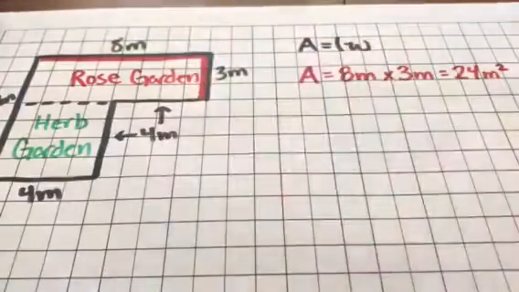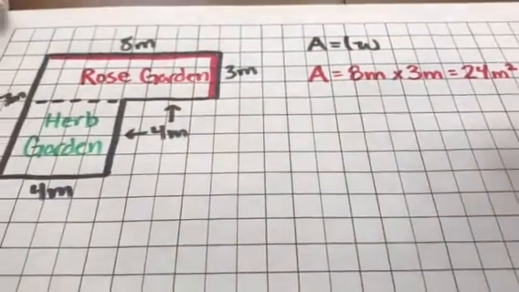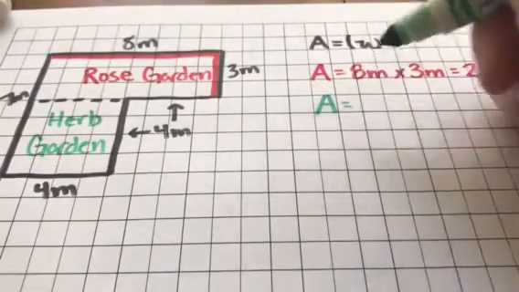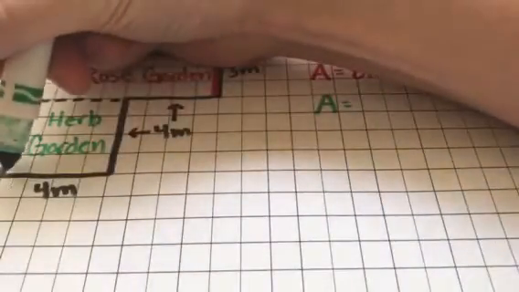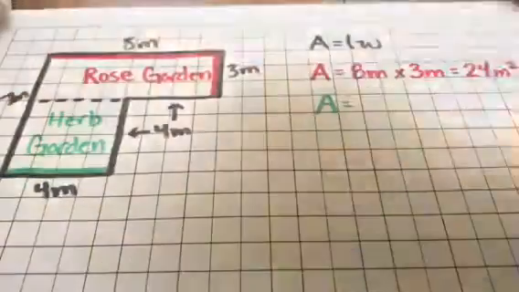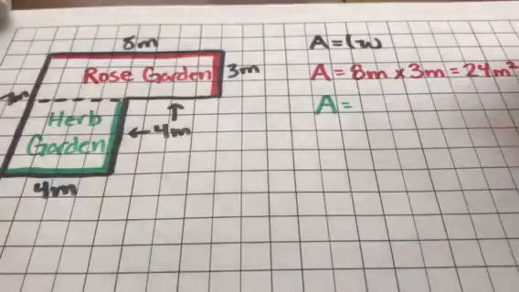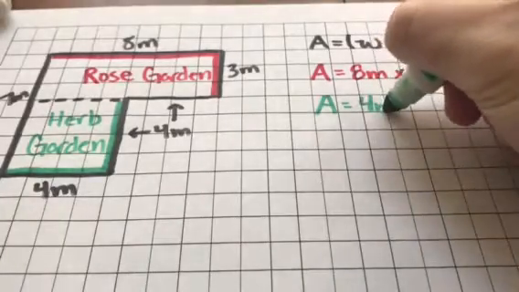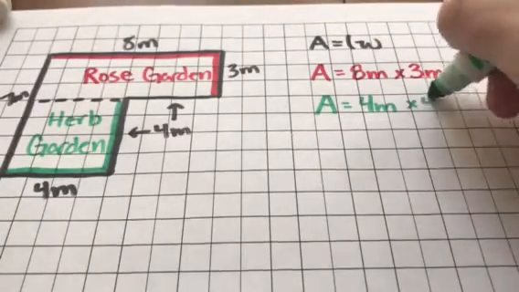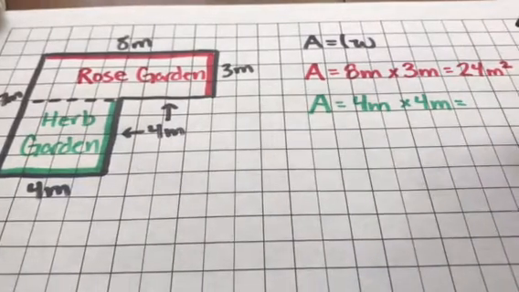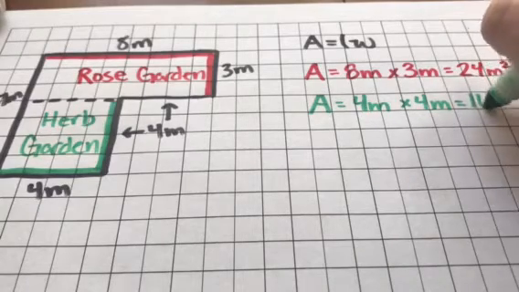Okay, so now we have to find the area of the herb garden. So again, area is equal to length times width. 4 meters times 4 meters is equal to, right, 16.